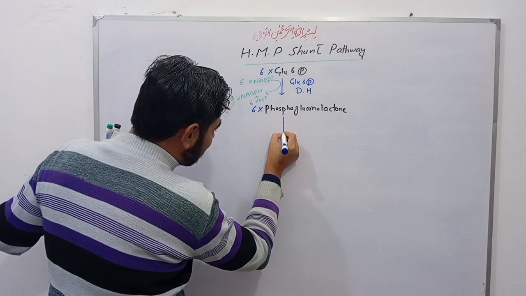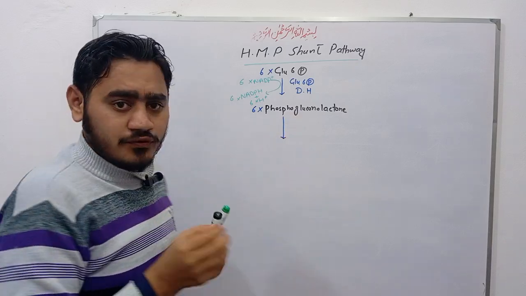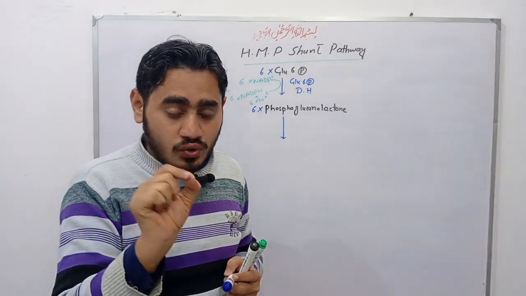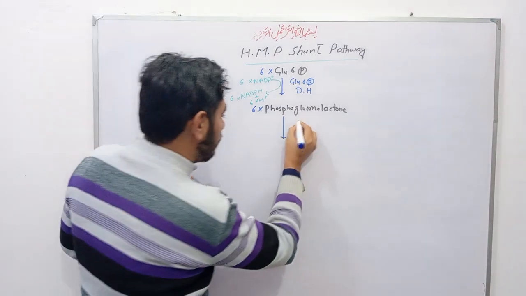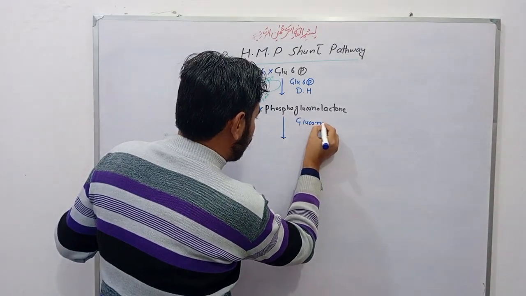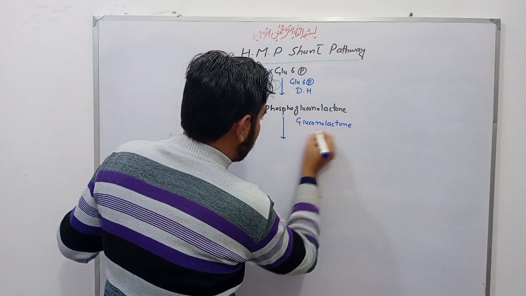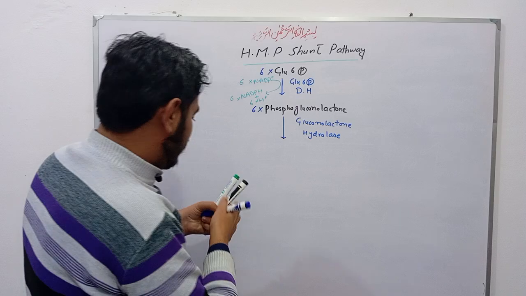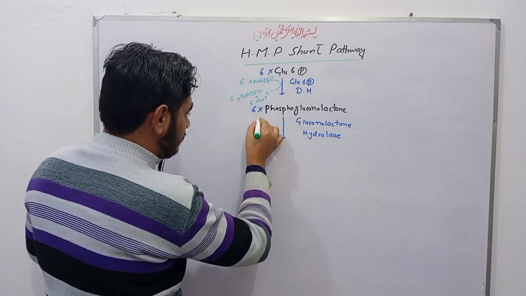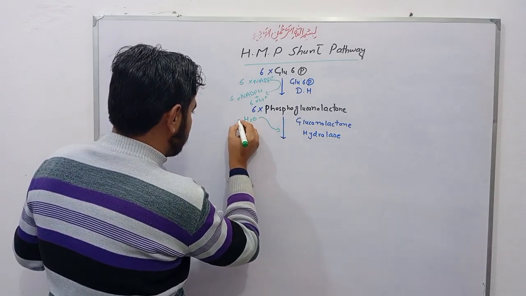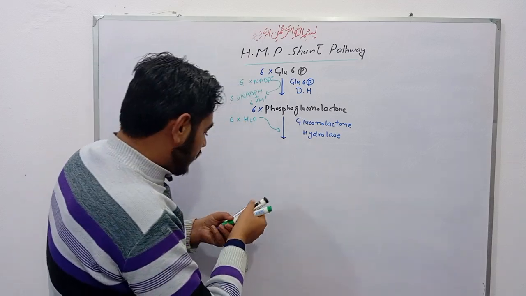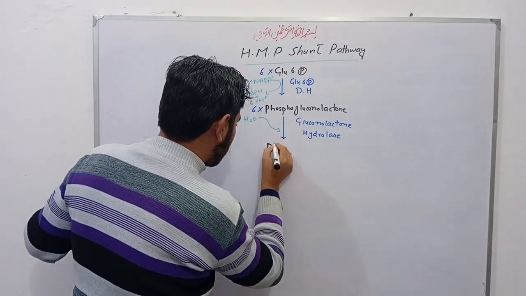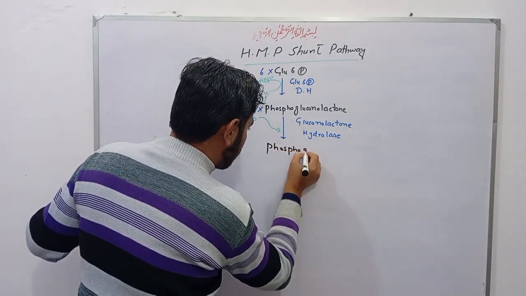Now in the next reaction, with the help of gluconolactone hydrolase enzyme, there is an incorporation of a water molecule, H2O, 6 molecules. This converts into phosphogluconate.